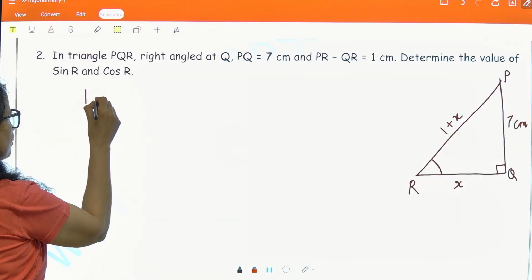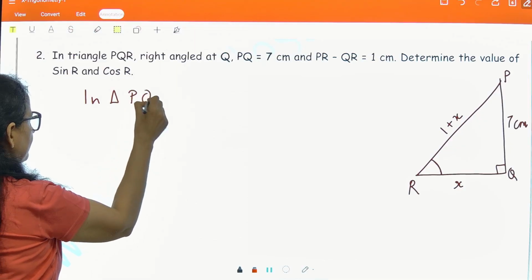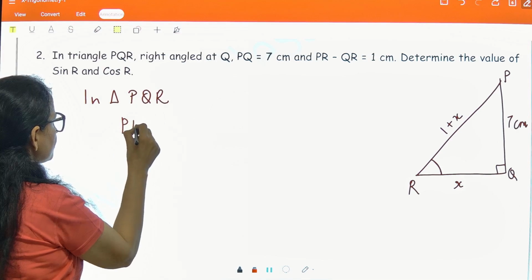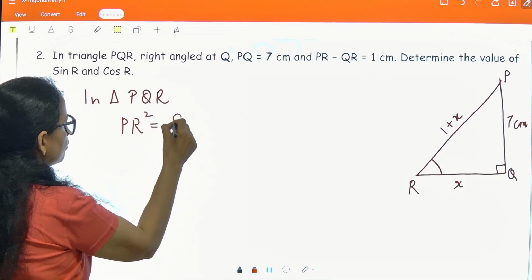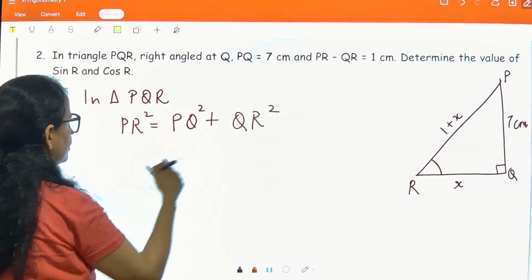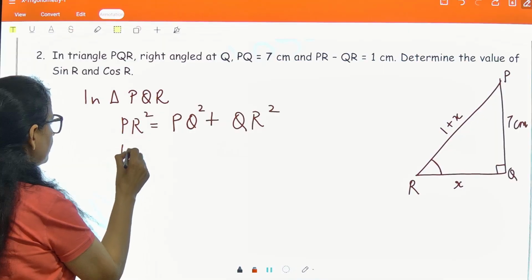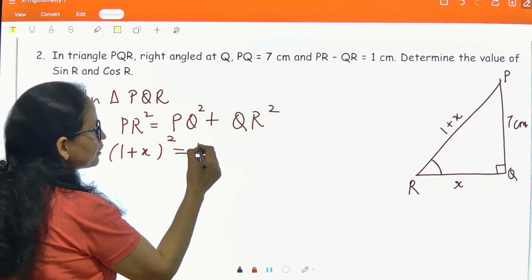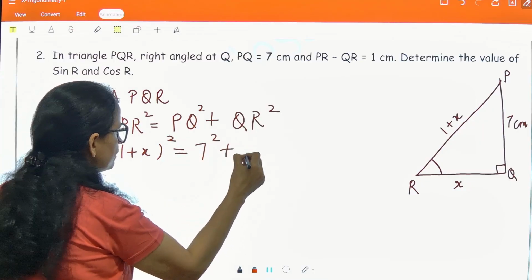So now in triangle PQR, as per Pythagoras theorem, we have PR square equals PQ square plus QR square. What is PR? PR is 1 plus x. 1 plus x whole square equals PQ is 7, 7 square plus x square.